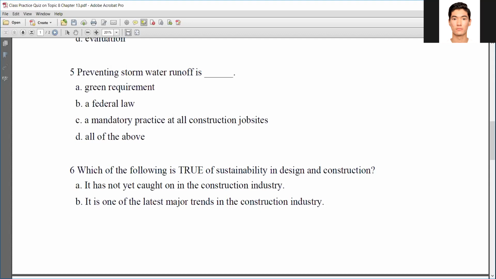So pollution prevention is very important. Whether it is a law or not, it becomes a kind of mandatory practice at all construction job sites. So therefore, all of the above.